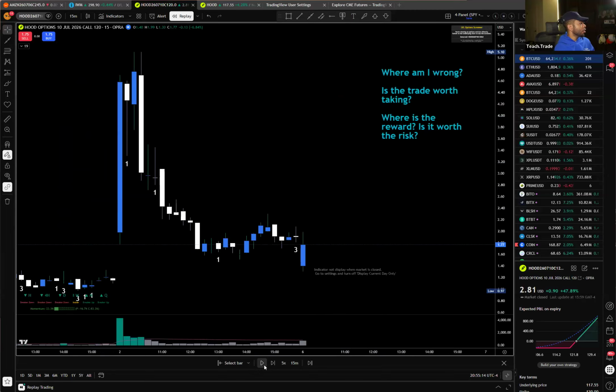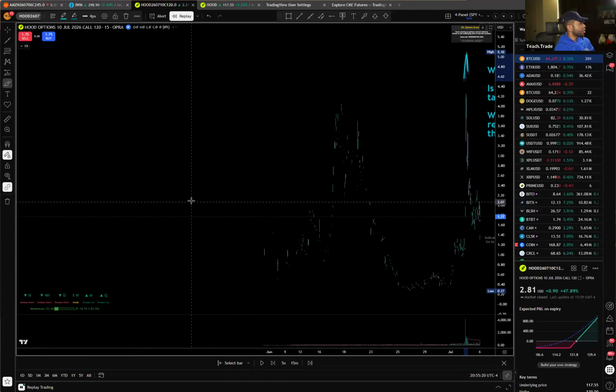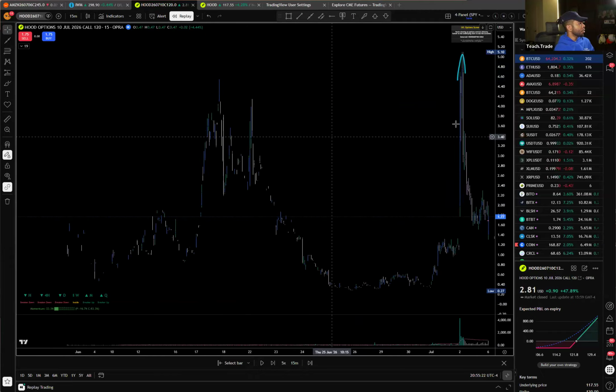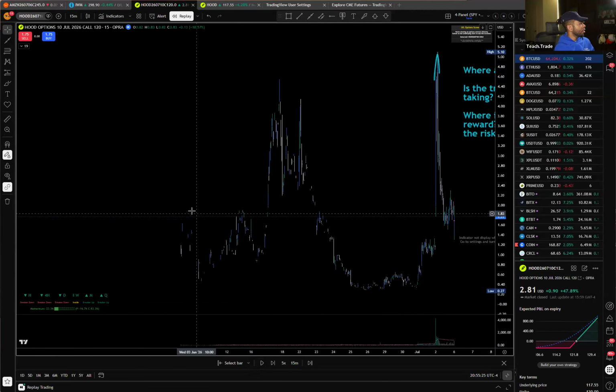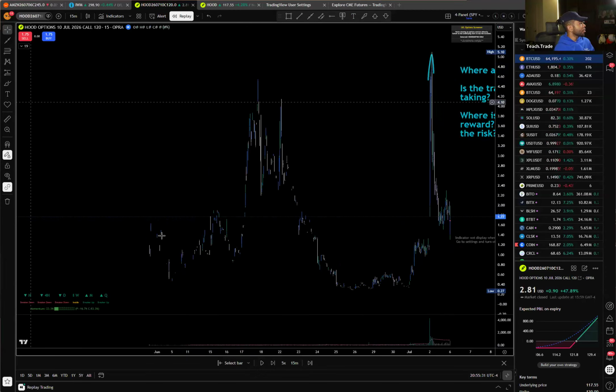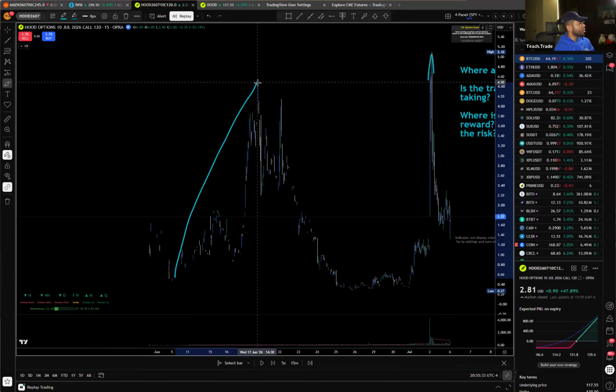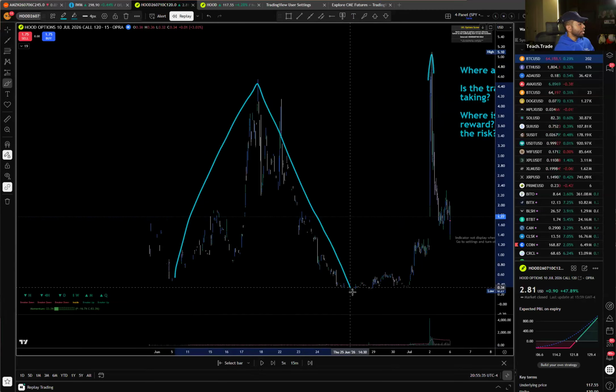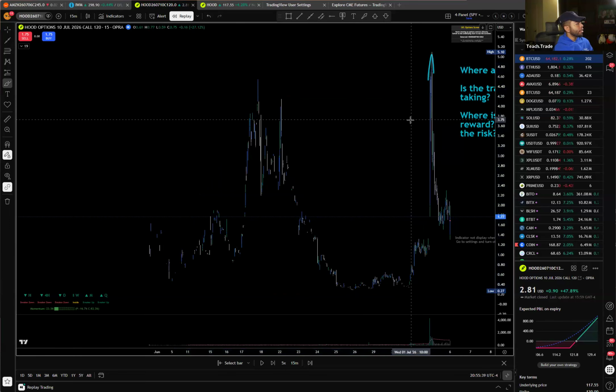Right? So we outline here on the actual options chart. Let me just show you guys what this options chart has looked like. It looks like this option was born sometime in May. This increased in price, right? Then dropped, I guess, once Robinhood was falling, and actually got all the way back here.